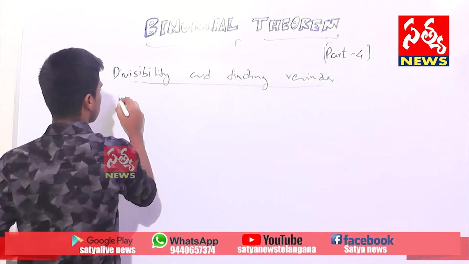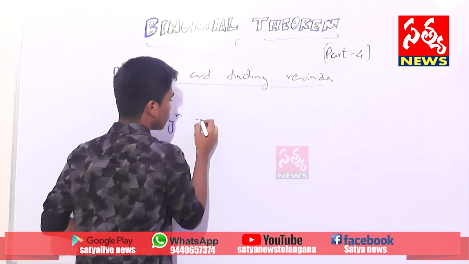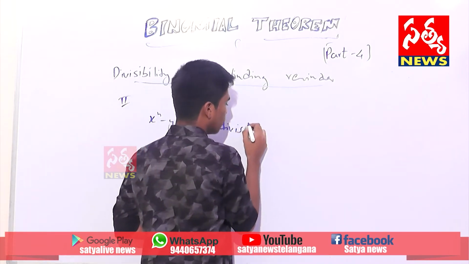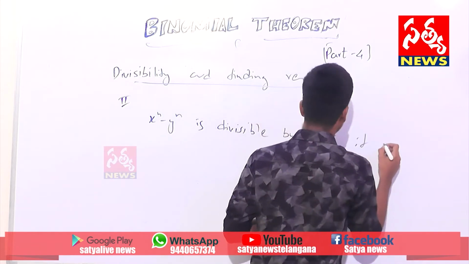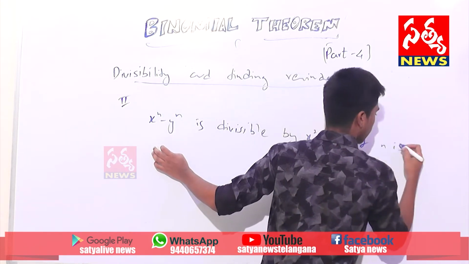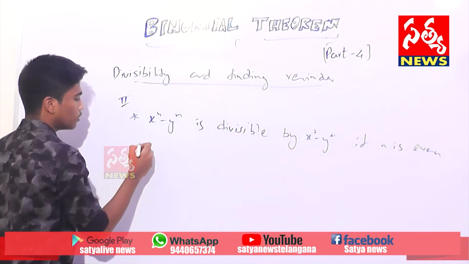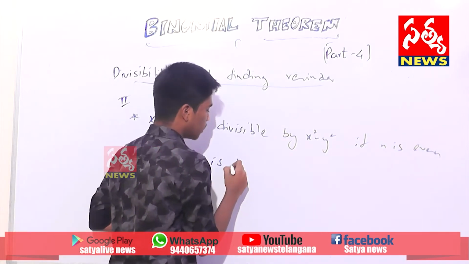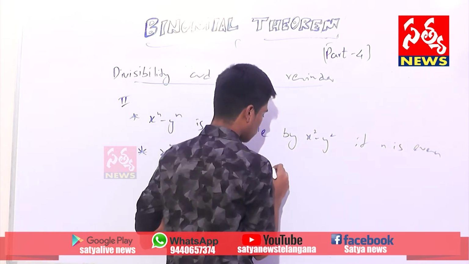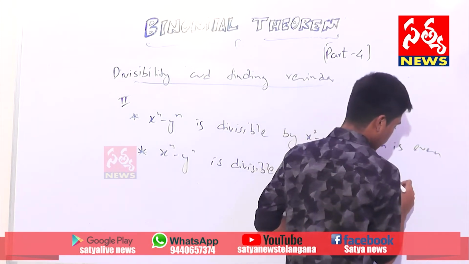And the second one is: x^n minus y^n is divisible by x^2 minus y^2 if n is even. This is a condition. Next, x^n minus y^n is divisible by x minus y if n is odd.